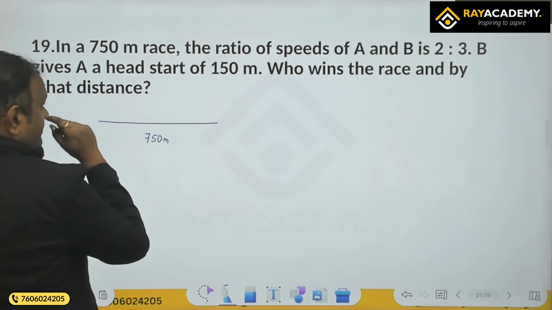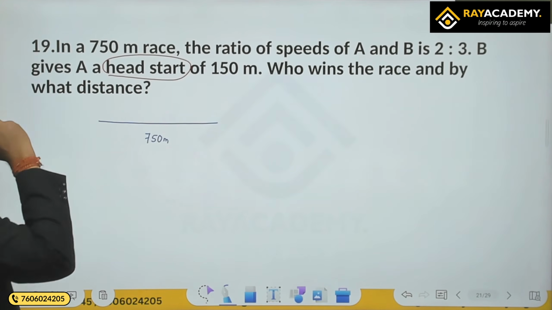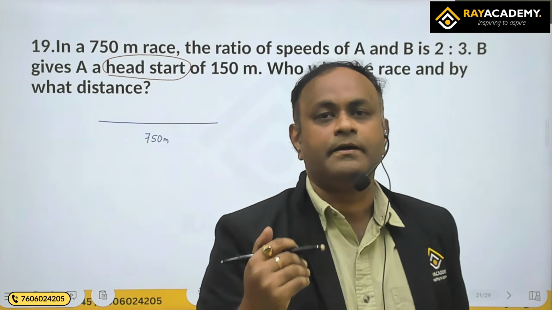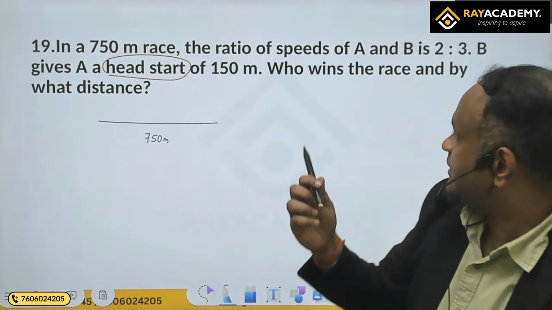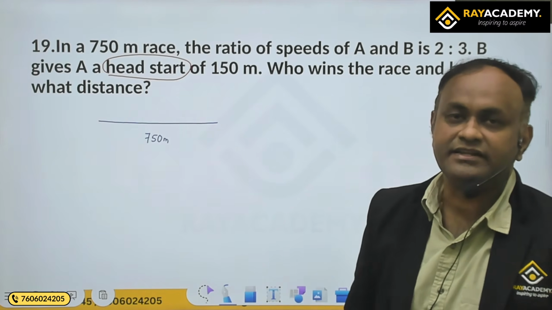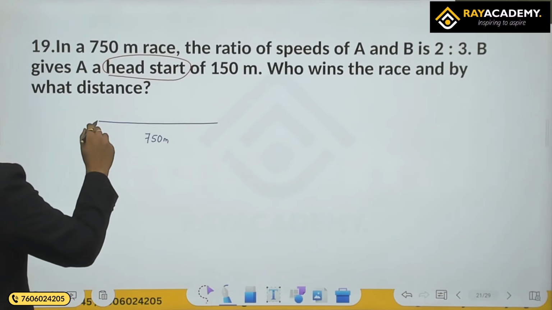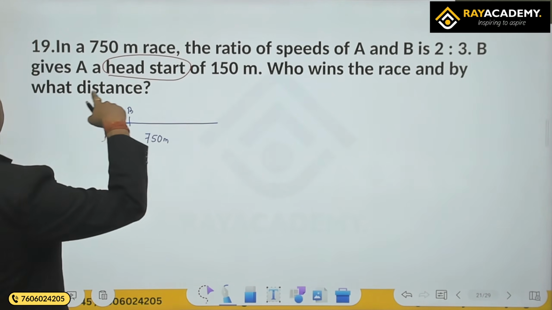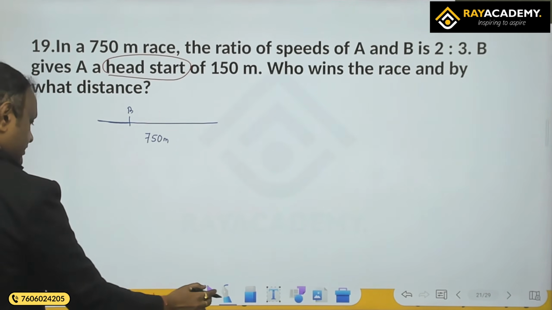Okay. But what about this head start, what does it mean? Head start: B gives A a head start. That means when the race starts, B won't start; A will move for 150 meter. So with a 150 meter head start, B started running. That is called head start.